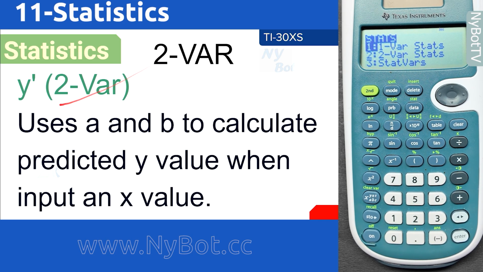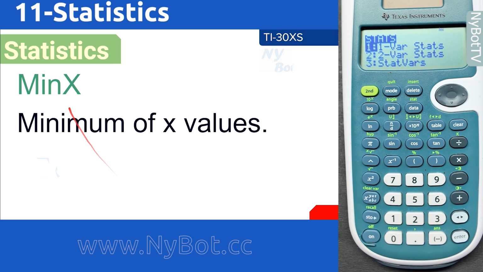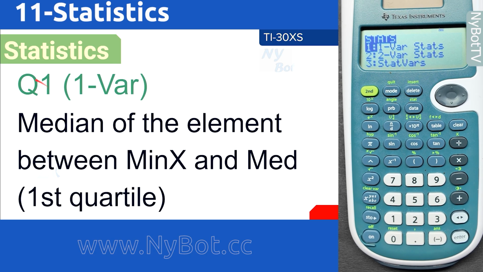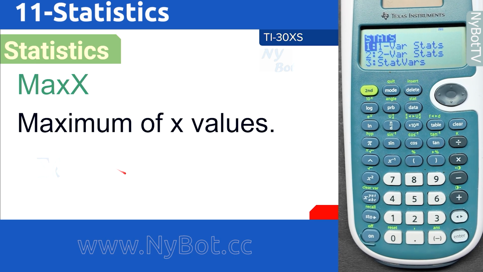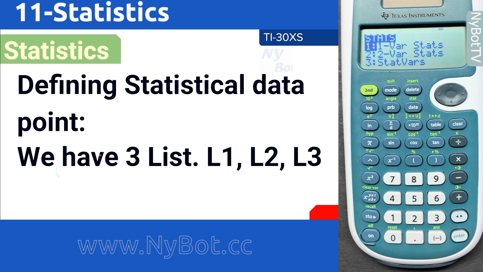And this for two variable y hat or y bar uses A and B to calculate predicted y value when input an x value. Min x is minimum of x value, and Q1 is median of the element between minimum x and median for first quartile, and this is for the third quartile. And max x is maximum of x value.